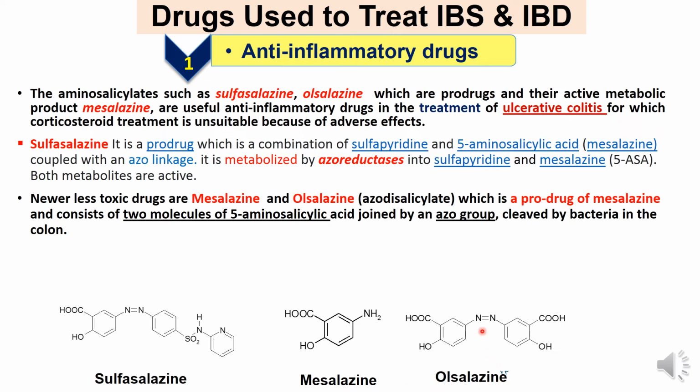When it is cleaved by azo reductase enzyme, it is cleaved into two molecules of mesalazine. Olsalazine is also called azo disalicylate: azo due to presence of an azo linkage, disalicylate as it has two groups of 5-aminosalicylic acid. So olsalazine and sulfasalazine are prodrugs, while mesalazine is an active drug.